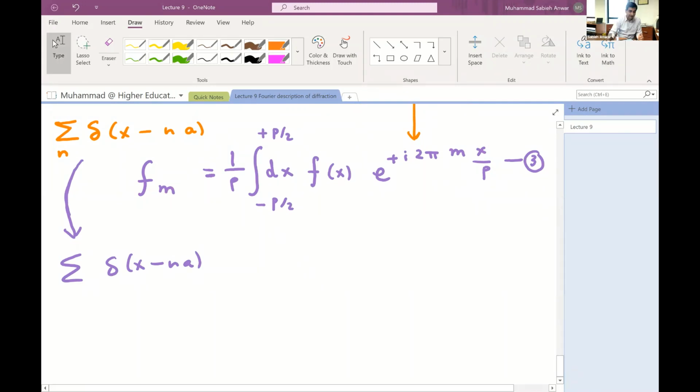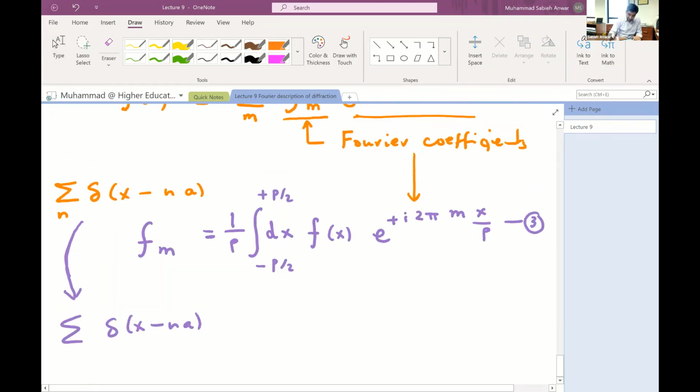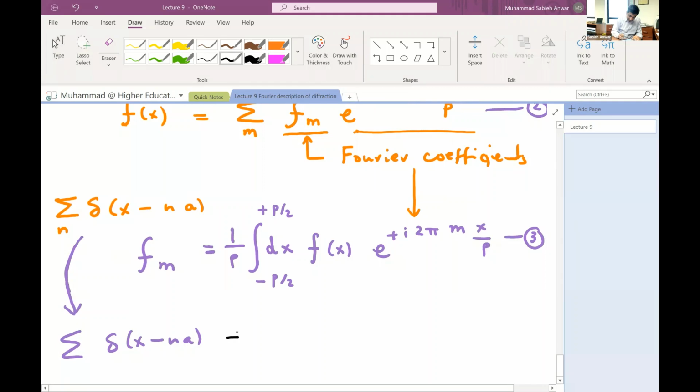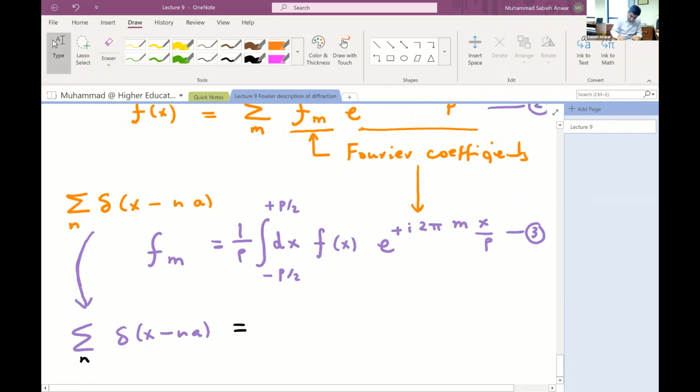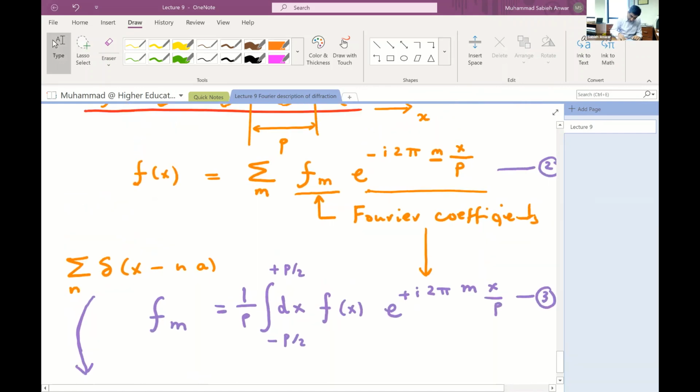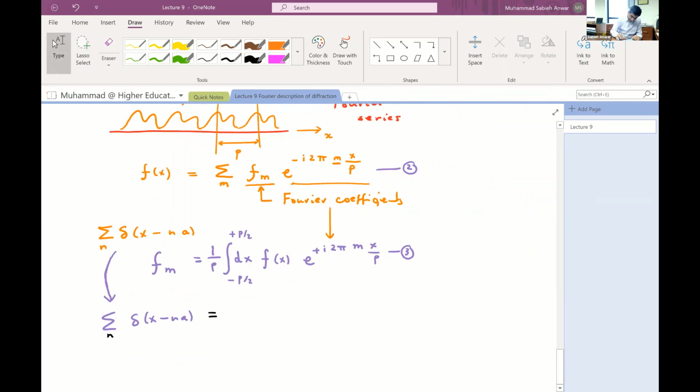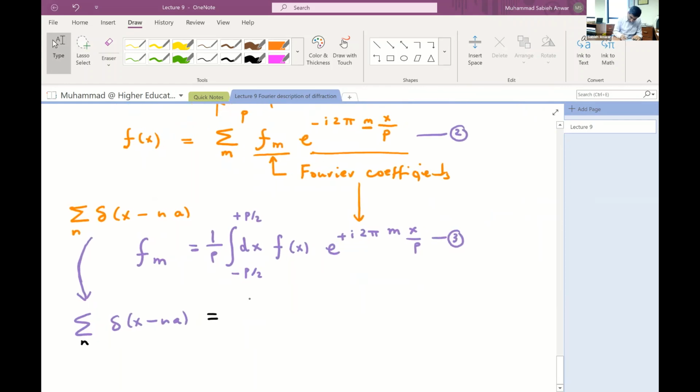So what's the period of this pulse? It's a. Now, if I would like to map this to the Fourier series using equation number 2, I write the sum over m of some f_m, yet to be determined, times e to the minus i 2 pi m x over the period.